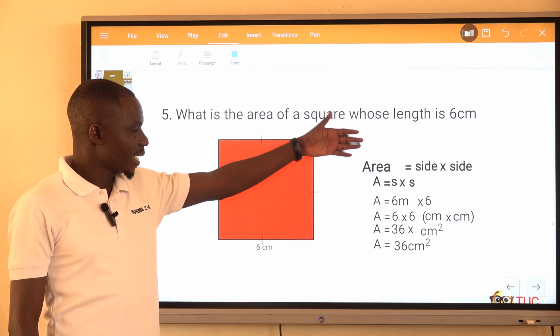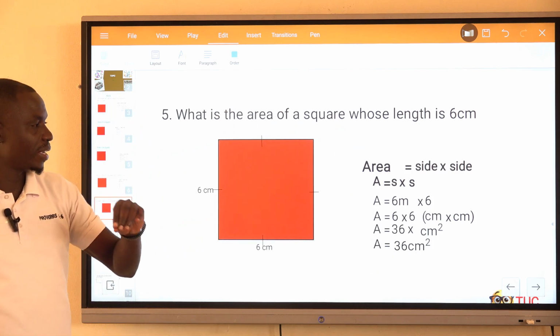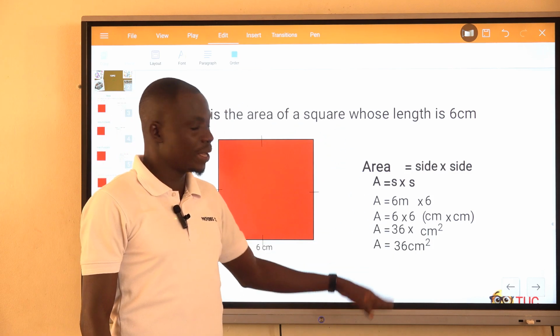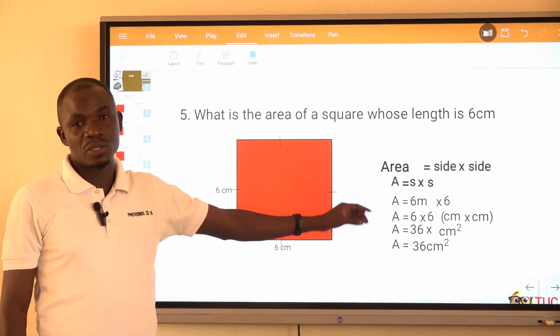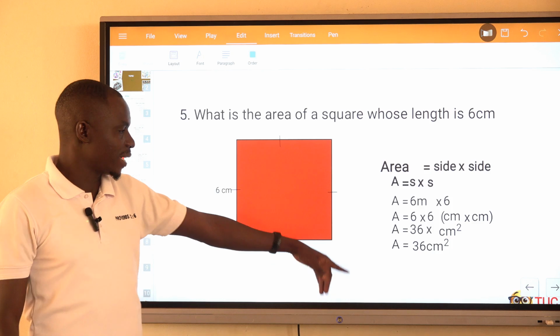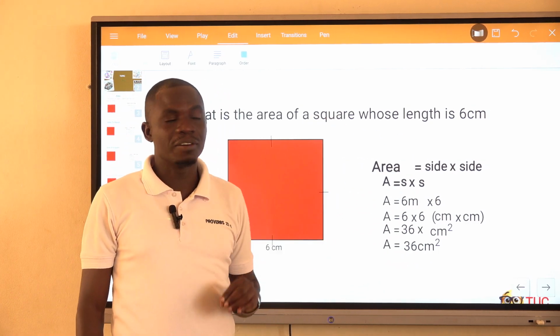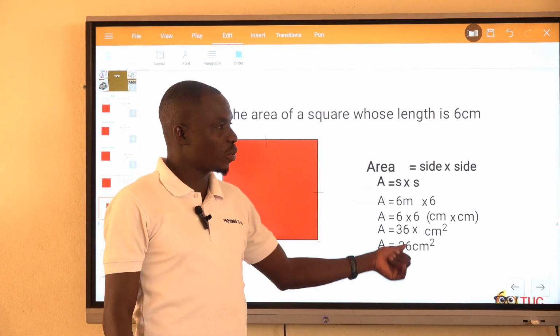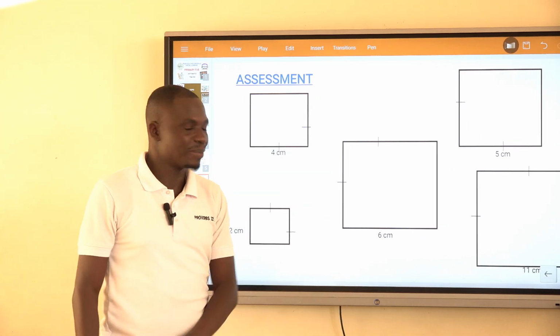So the units can vary, but the method will be the same. Mark you, don't forget the units. To avoid making errors with units, always multiply the given unit by itself twice, which gives you a square unit.